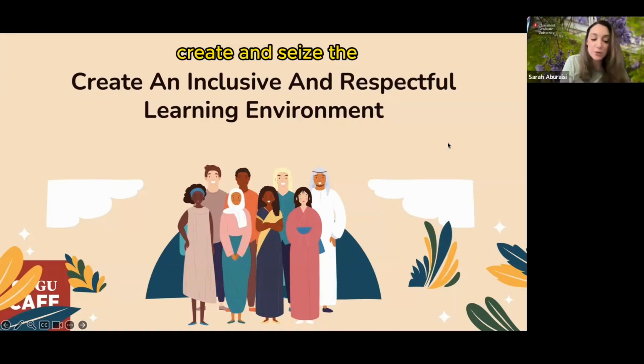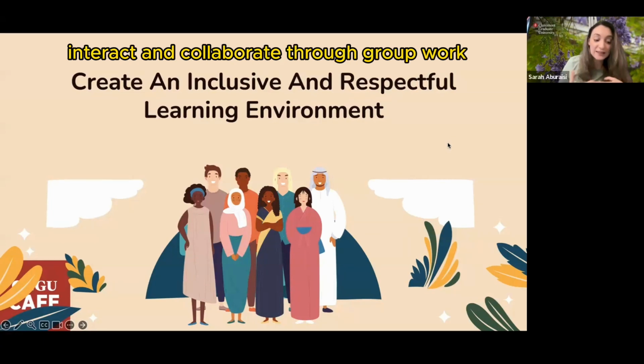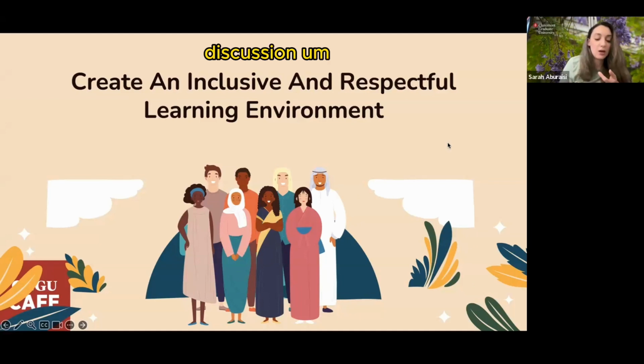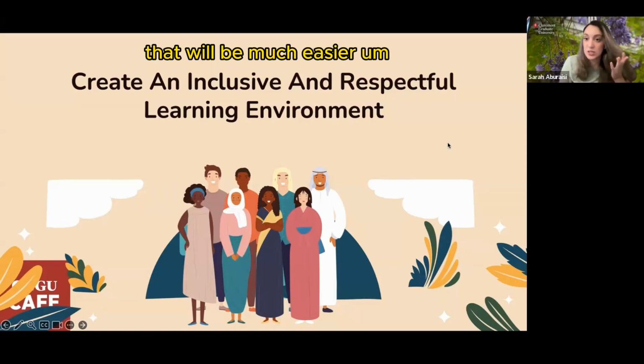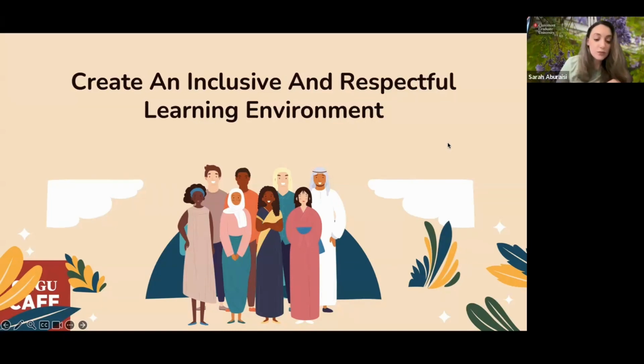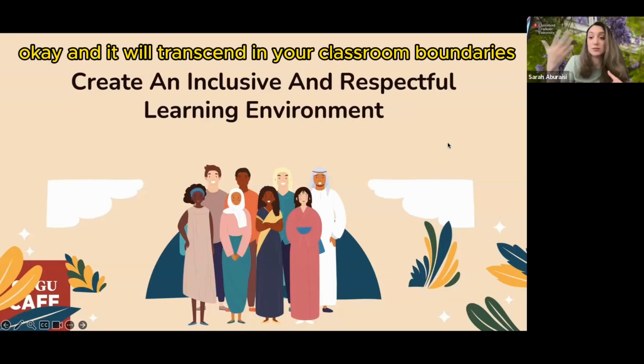Create and seize the opportunity for students from different cultures to interact and collaborate through group work, discussion, and cultural exchange activities. If you are meeting in person, that'll be much easier. This will foster mutual respect, and it will transcend your classroom boundaries.